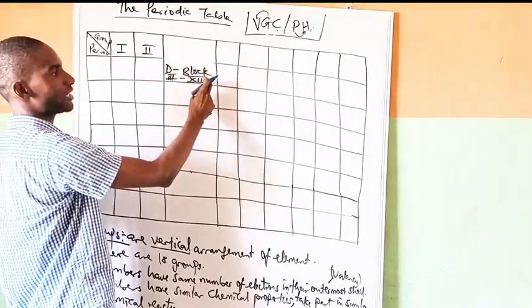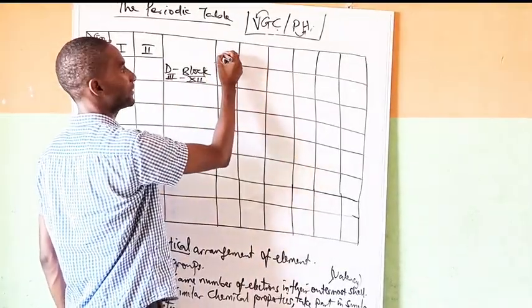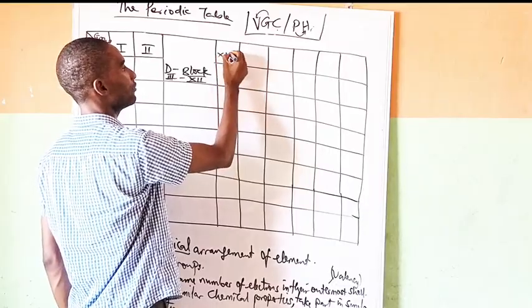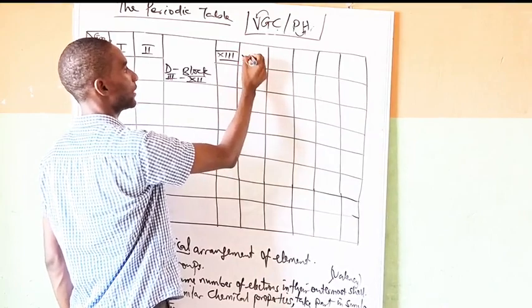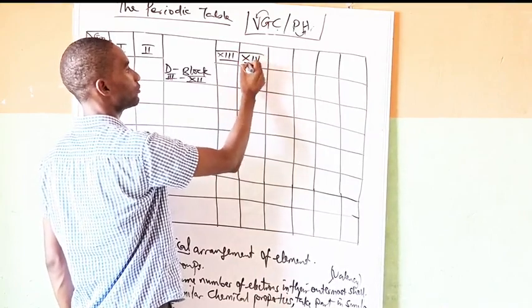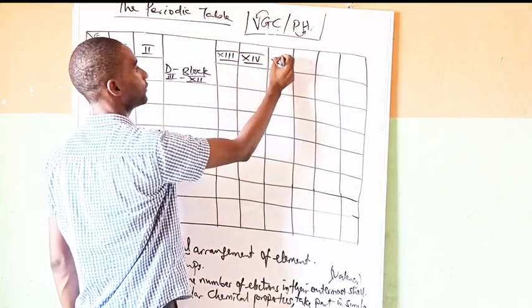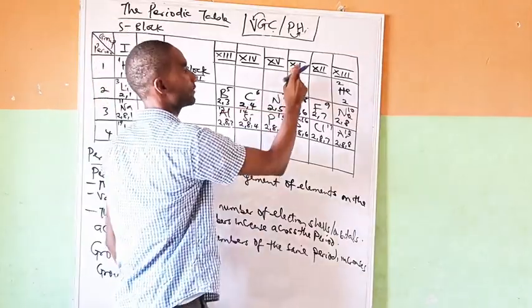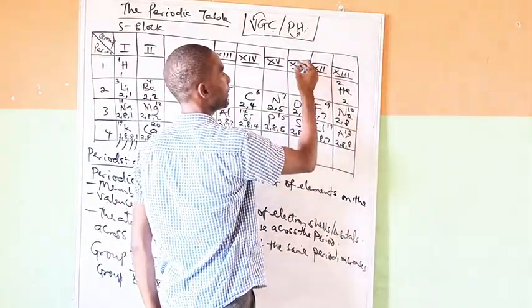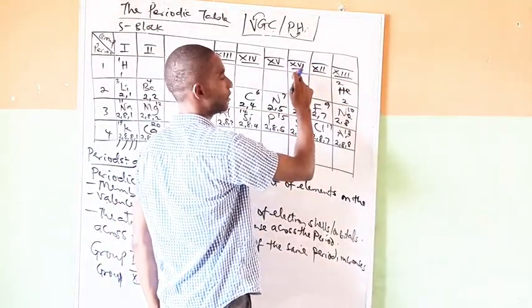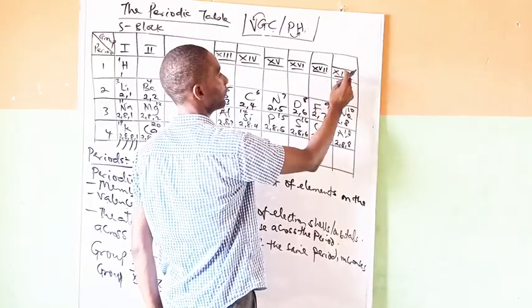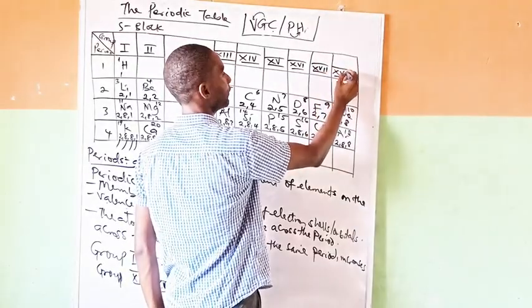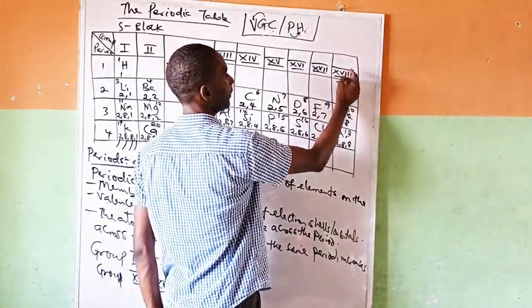And then after group 12, you now have group 13, group 14, which is IV. Group 15, group 16, 17, 18.